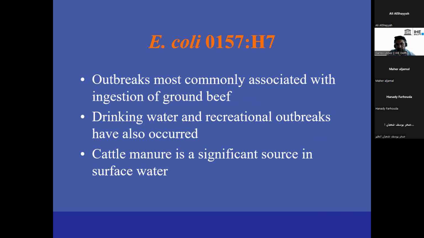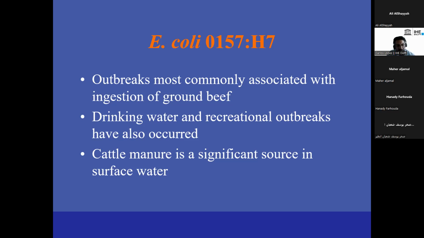Escherichia coli, in particular the strain O157:H7, is mostly present in beef when somebody consumes beef. Because they mostly inhabit cattle, cattle manure is one of the significant sources for surface water.